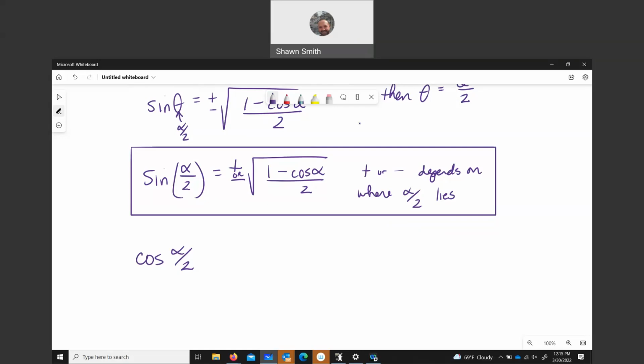And you still would see that this would come out to be a plus or a minus as well of a square root of 1 plus the cosine of alpha over 2. So extremely similar formula, right? For sine, the numerator is 1 minus cosine. For cosine, it is 1 plus cosine. And again, plus or minus depends on where alpha over 2 lies.